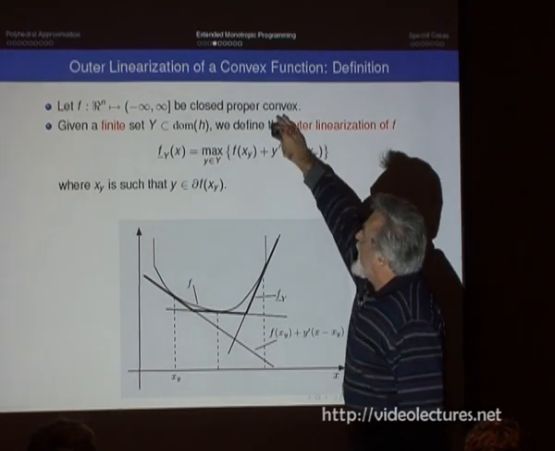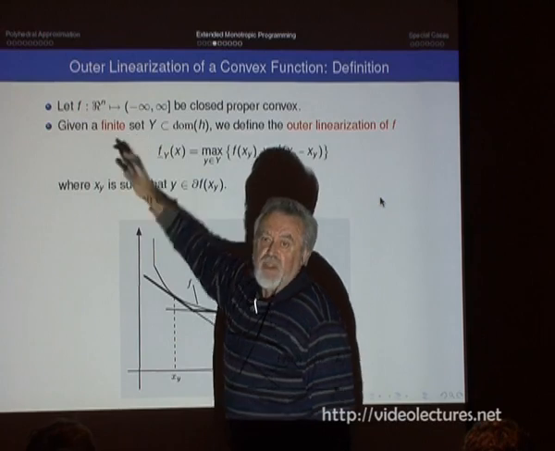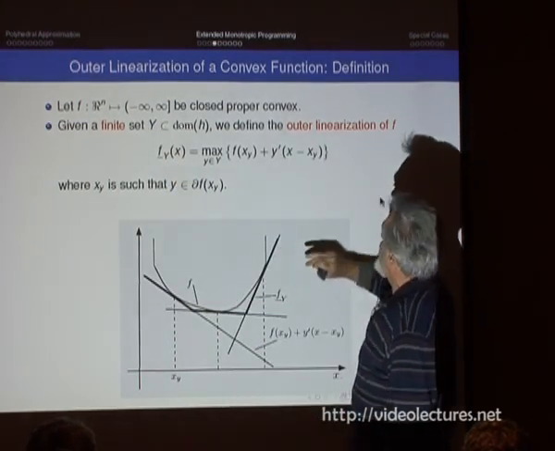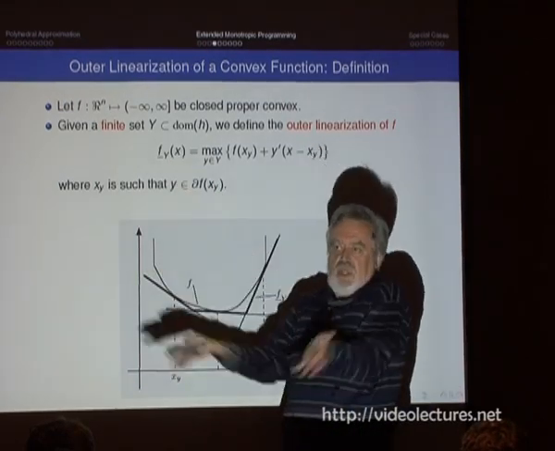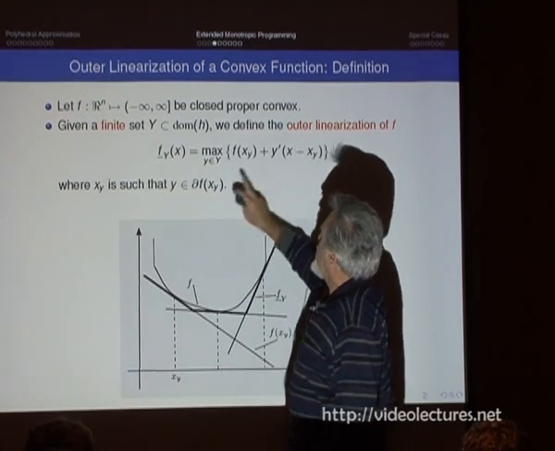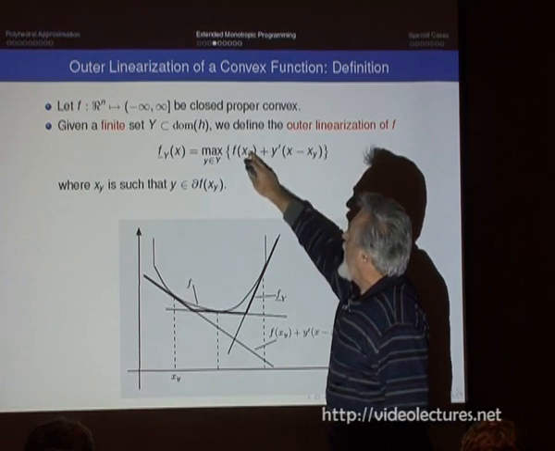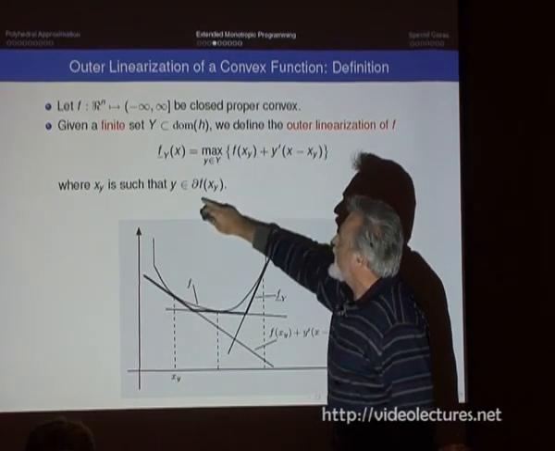An outer linearization of a function f is defined by a finite set of dual points, a finite set Y. I use lower bar for outer linearization, and it's the maximum over these linear functions here, where x of y are the points of contact of f when y is a subgradient.